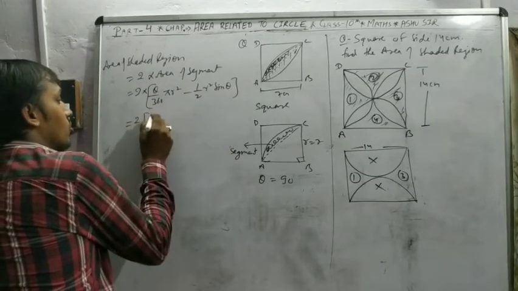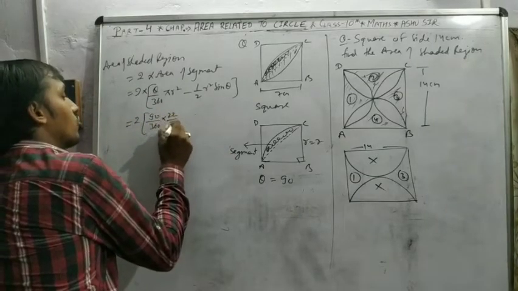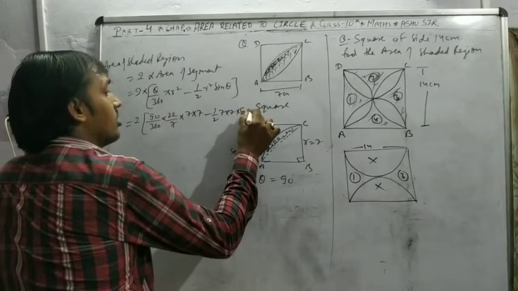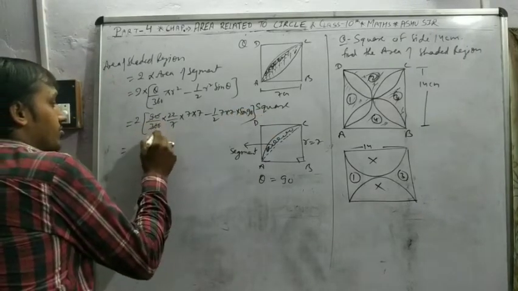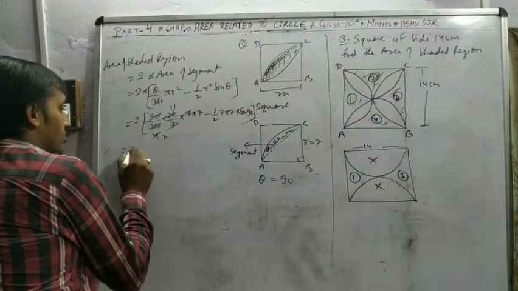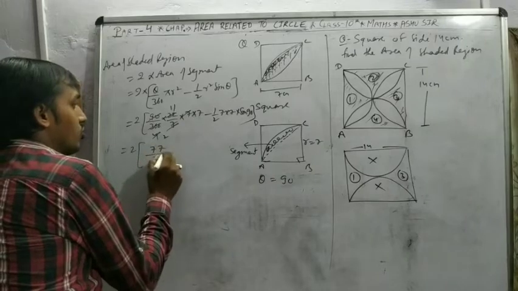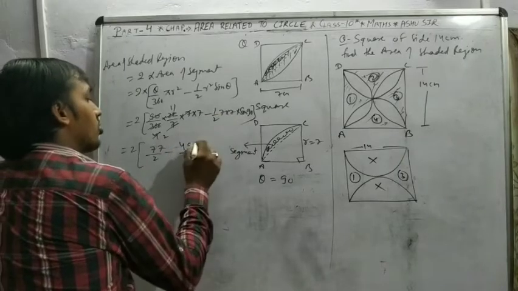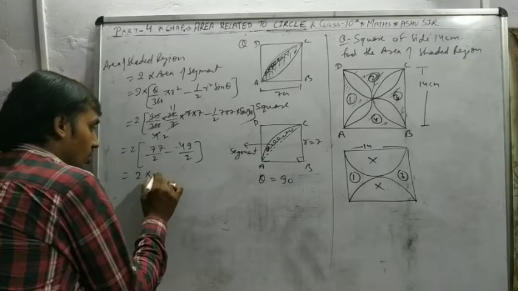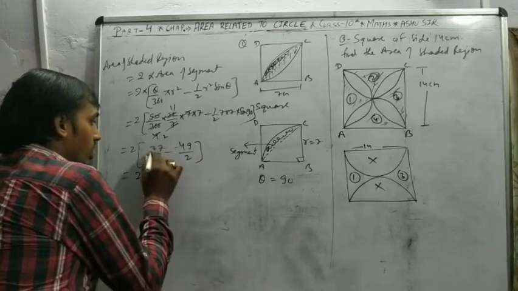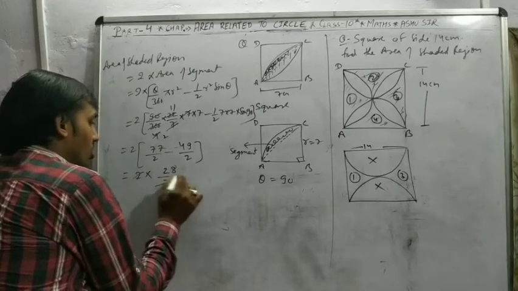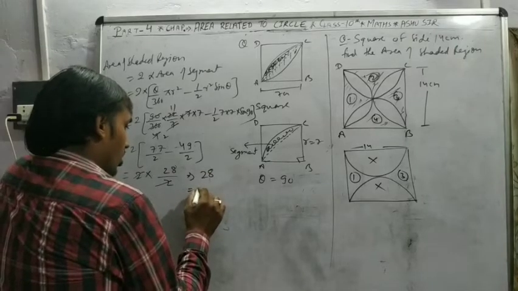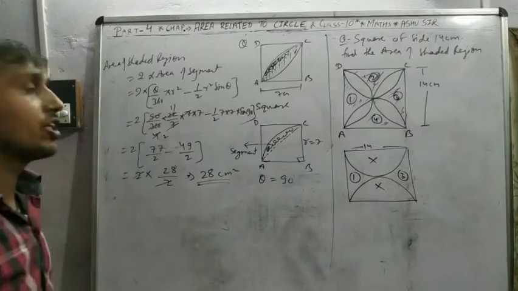Put all the values: 2 into (90 by 360, 22 by 7, 7 into 7 minus 1 upon 2, 7 into 7 into sin 90). Sin 90 is 1. That is 2 into (77 by 2 minus 49 by 2), which gives 28 centimeter square, the area of the leaf.